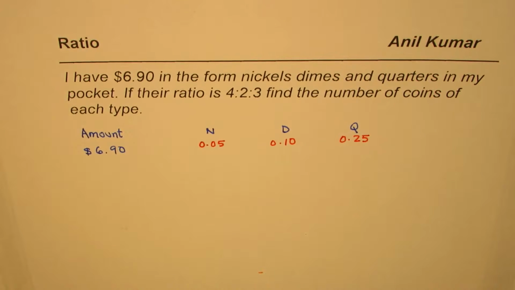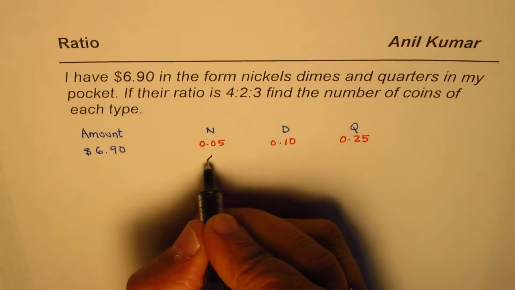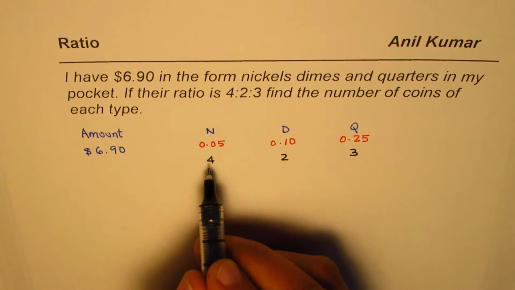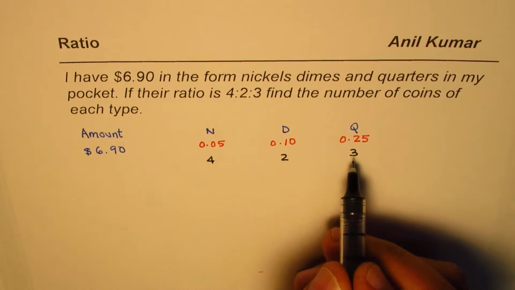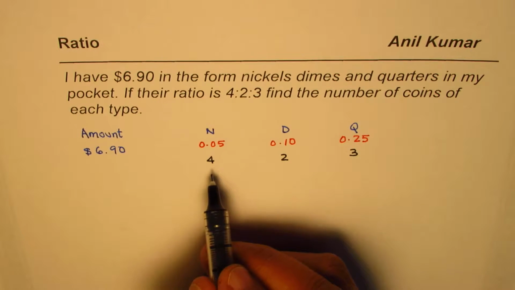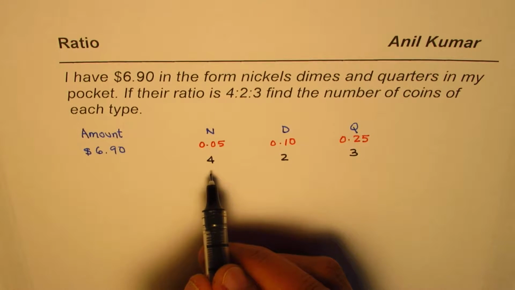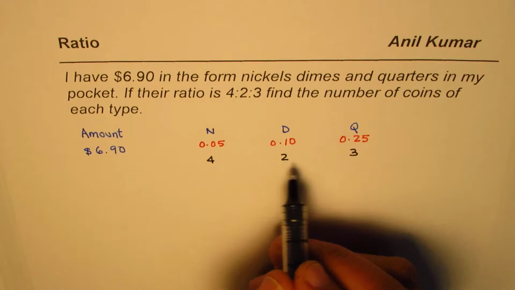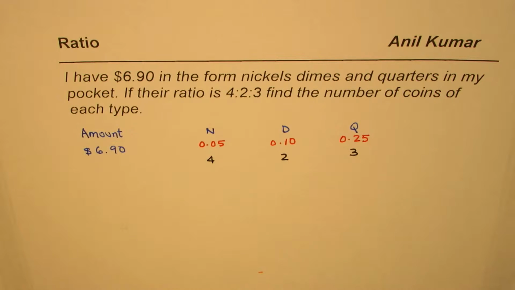And what we are also given is that their ratio is 4:2:3. So if I have 4 nickels, then I should have 2 dimes and 3 quarters. If I have 8 nickels, that means times 2, then dimes should be 2 times 2, 4, 3 times 2, 6 quarters. Likewise, the ratio is to be maintained.